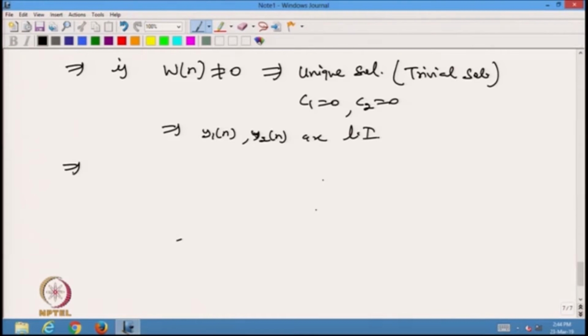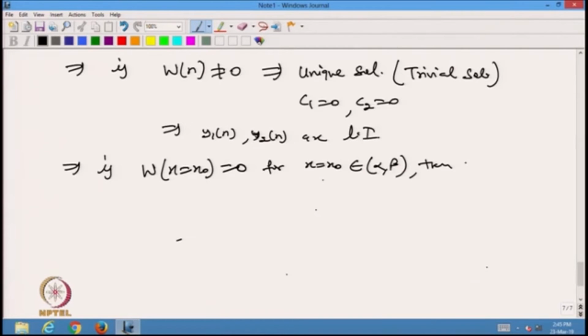Now, there is another theorem that if the Wronskian is 0 at even a single point x equal to x naught, where x naught belongs to the domain in which the differential equation is defined, then the Wronskian W(x) is also equal to 0 for all values of x belonging to (alpha, beta).